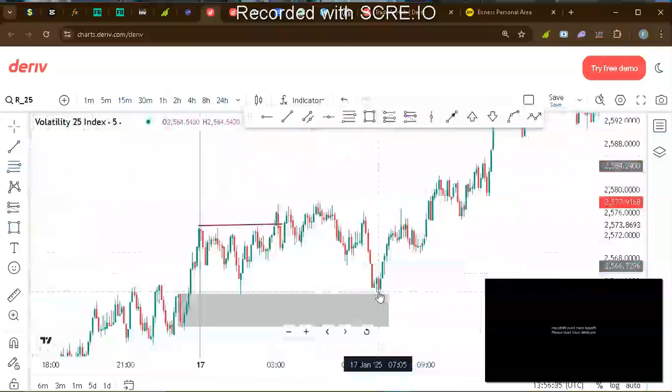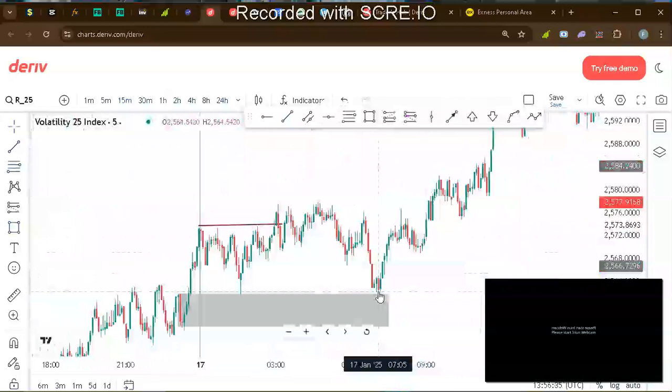Then the market just pushed back down and then come over to maybe another block that would not be valid, and then it pull all the way up and then come back to the downside, tapping into my order block. Then I should be looking for a buy.